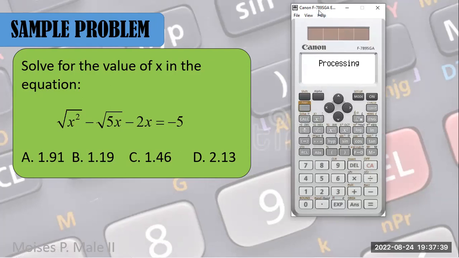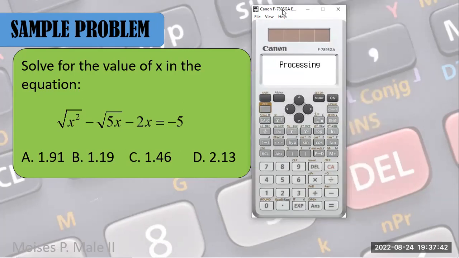Di ba? Tagal pa din. Pero, kung compare nyo sa kung medyo malayo yung nalagay na sagot. Wait, can solve pa. Pero, tama ba? 2x. So, shift calc.